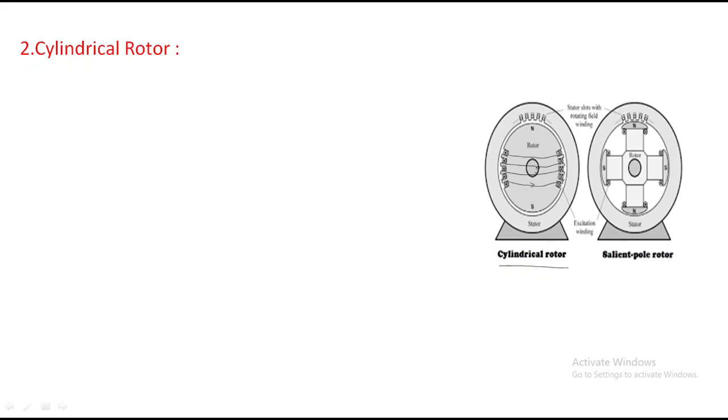This part windings are like this. So whenever windings are like this, it will form one north pole and south pole like this. If you observe the salient pole rotor here, it is extended like this. It's like north pole, south pole, north pole, south pole. This is the difference. So this is about the cylindrical rotor.